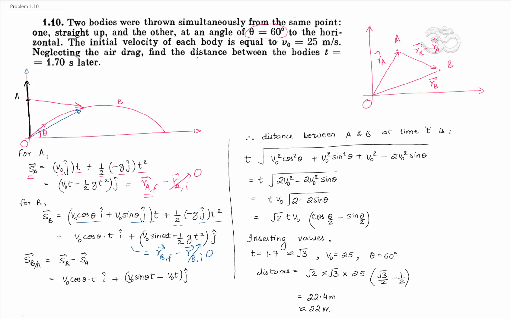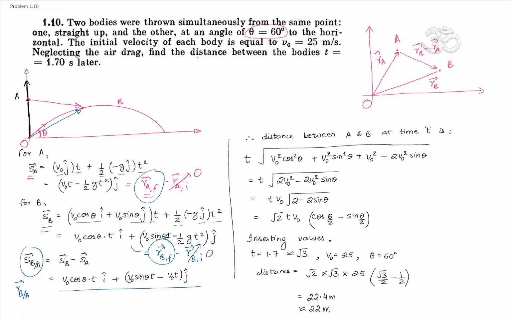So RB final is the displacement of B. Now once we know the values of RA and RB, we can try to find out the value of R of B with respect to A, which I am using here as S of B with respect to A, that is SB minus SA, and that is this whole vector.